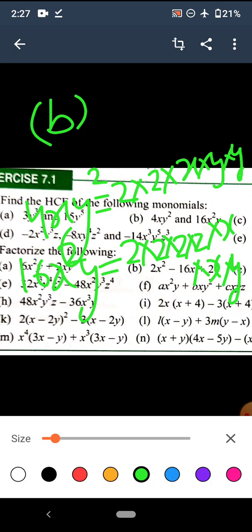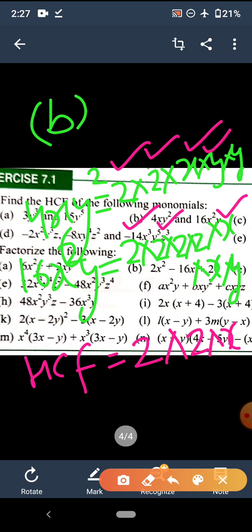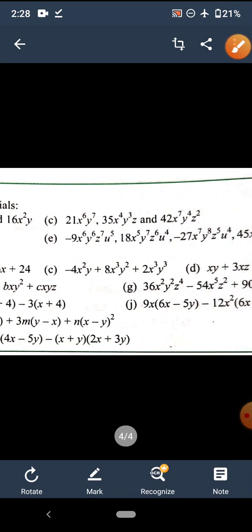Now we will find the HCF. 2 is coming on both sides, and again 2 is coming, then x is coming, then y is common once. So it is 4xy. In this manner you have to find the common factor. The common factor is called the HCF.